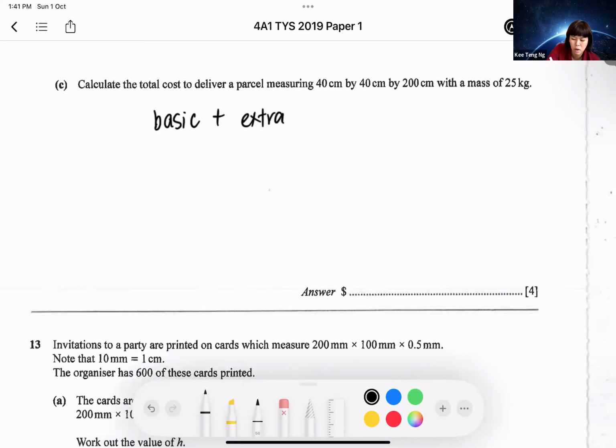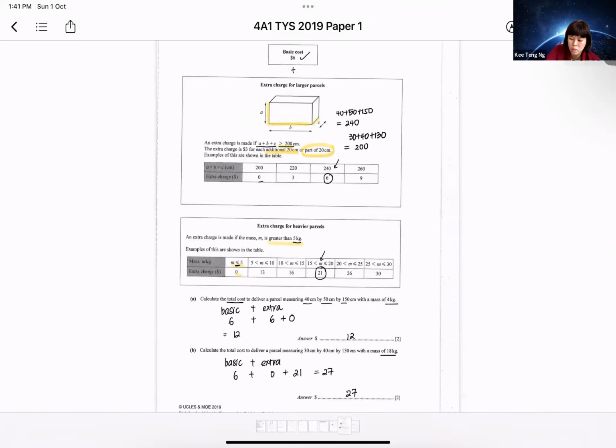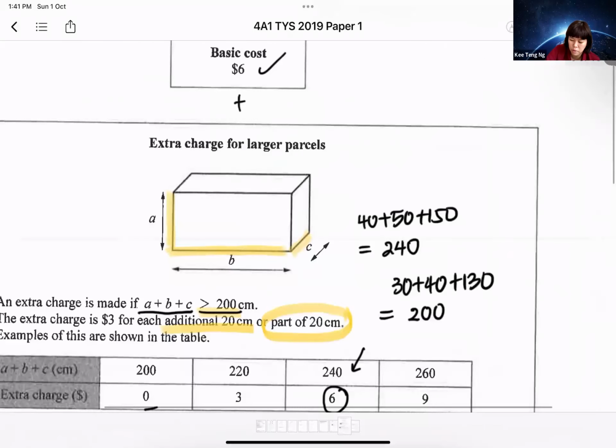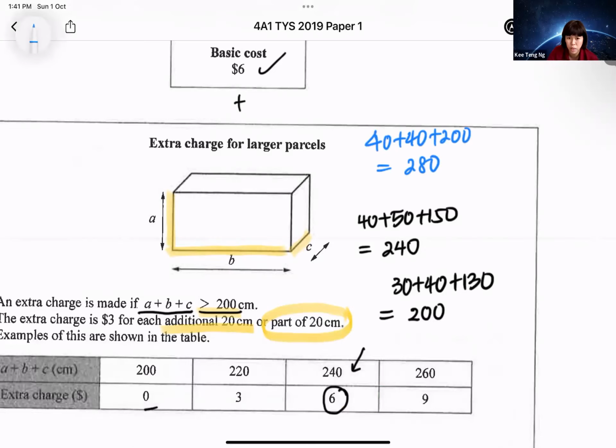The basic is $6. The extra, let's check. 40 cm by 40 cm by 200. No space to write, okay, I write 40 by 40 plus 200. That is 280, right? Oh, there's no 280 here.